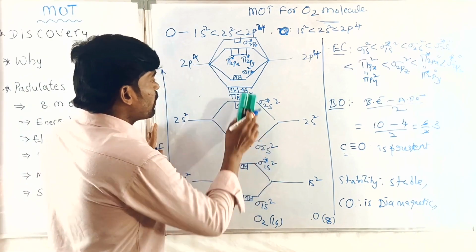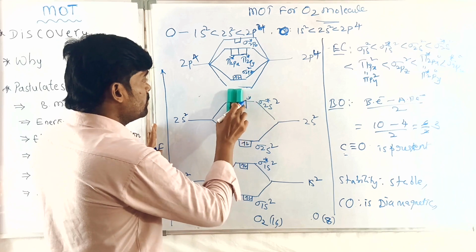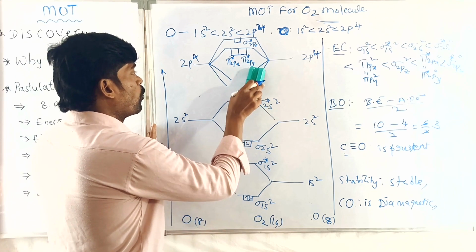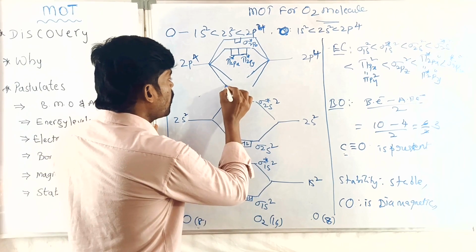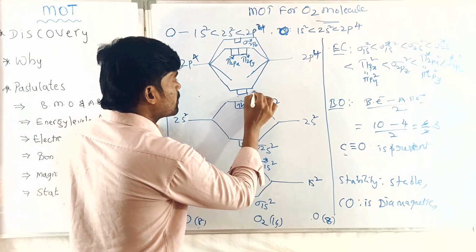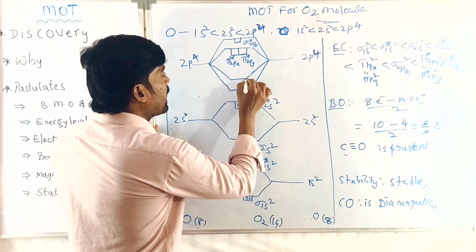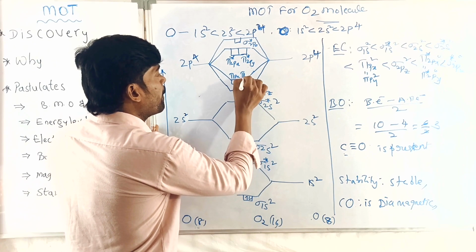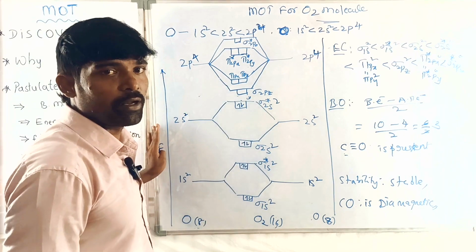Now, remember this: for the O2 molecule, the lower energy will be sigma 2pz, and the higher energy will be pi px and pi py. Remember it.